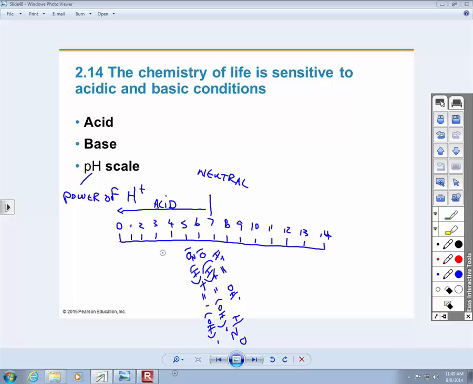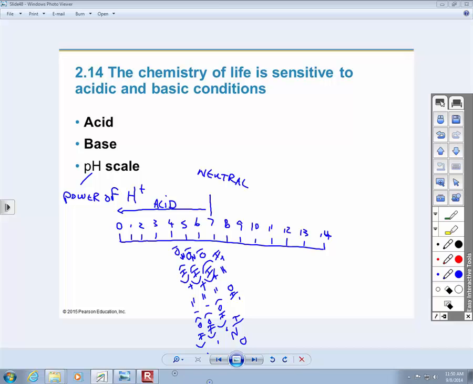At a pH of 4, I have 1,000 times hydrogens to one hydroxyl. So every time you go down one whole number below 7, you increase your hydrogen ion concentration 10 times. Now you could have a pH of 6.5 or 6.7, but I'm just talking about one whole number.